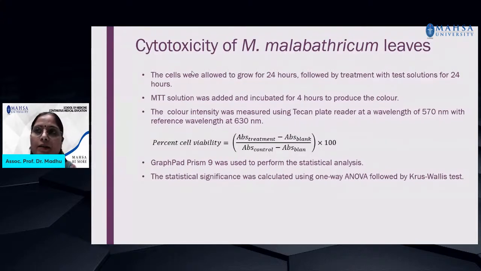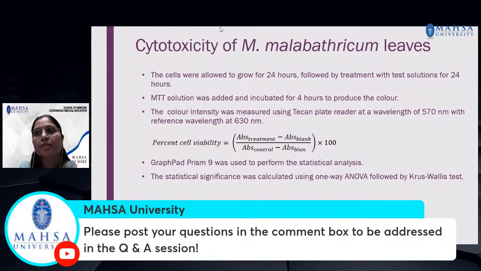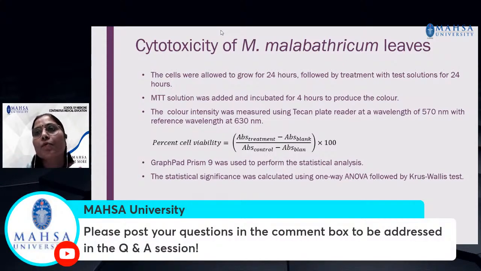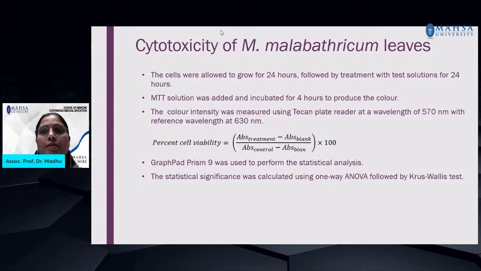The percent viability was calculated using the formula shown here, and GraphPad Prism 9 was used to perform the statistical analysis. This is the standard procedure cited in many research articles. The statistical significance of cell viability was determined by one way ANOVA followed by the Kruskal-Wallis test. We were following it. This is a standard procedure.